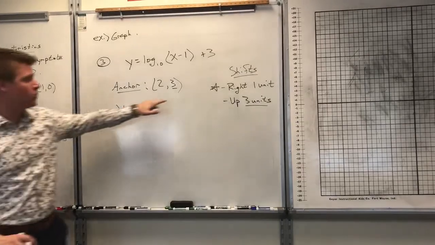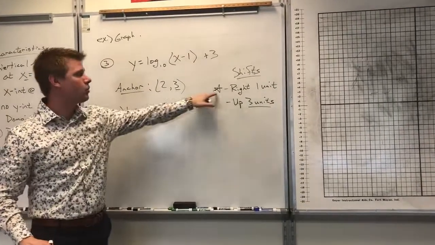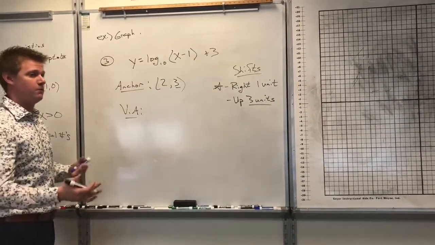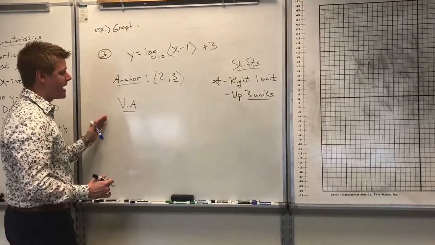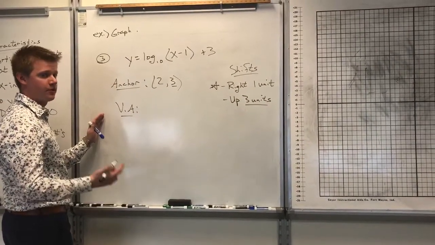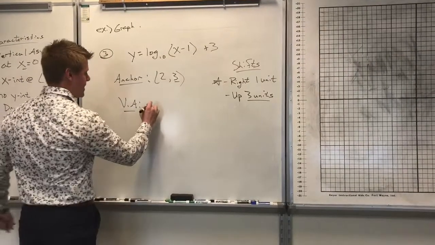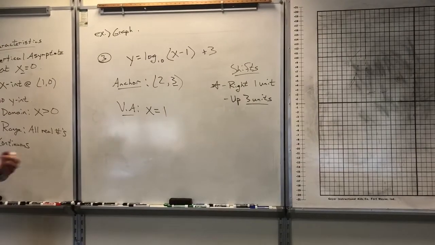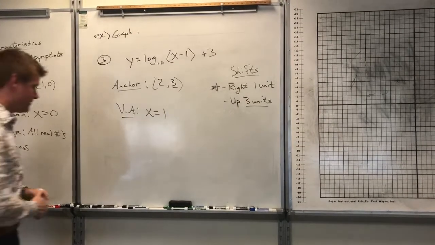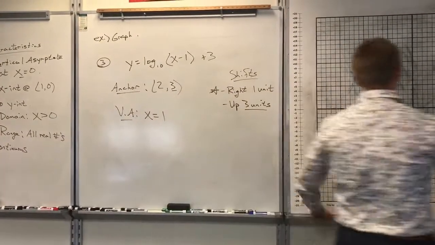Vertical asymptote, once again, is always going to directly correspond to the shift that we made in the horizontal direction. If the vertical asymptote is at x equals 0 with the parent, it means this one will now be at x equals 1 with a horizontal shift to the right 1 unit. So now that we have that information, once again, we have enough to graph.